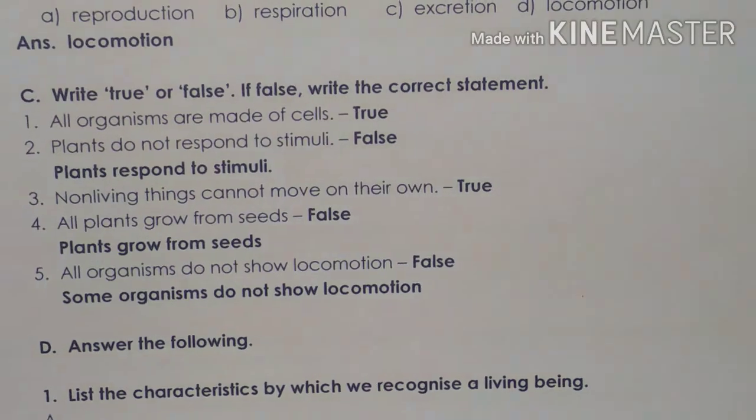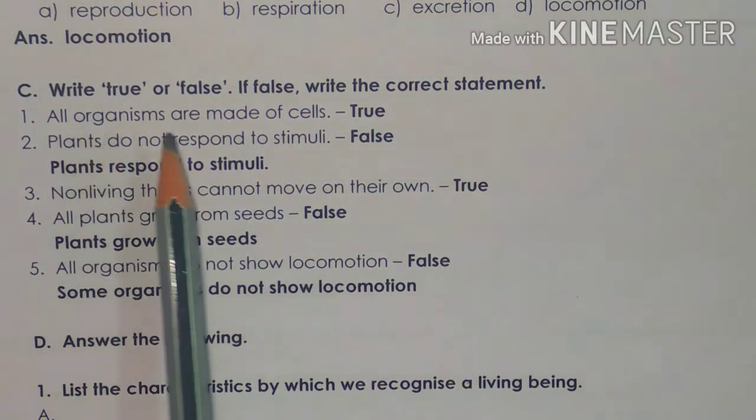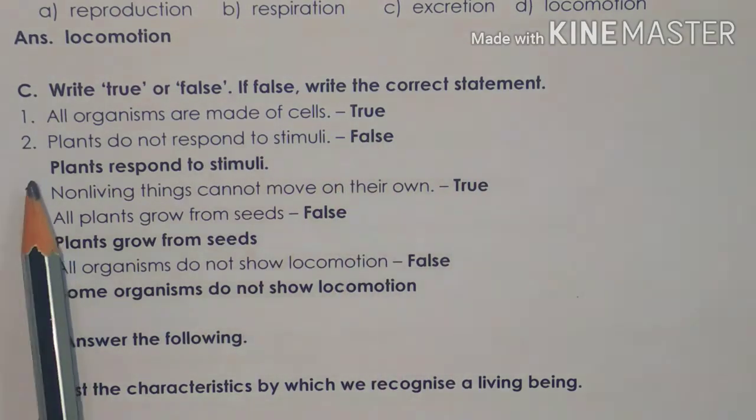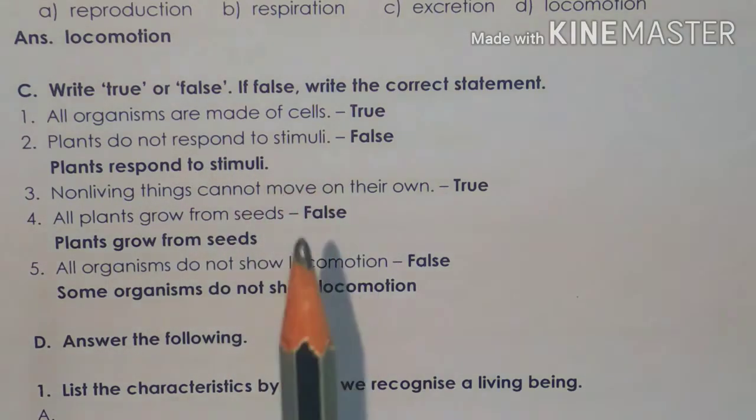Number 1, all organisms are made of cells. We know pretty well that all organisms are made of cells. So this statement is true. Second one, plants do not respond to stimuli.